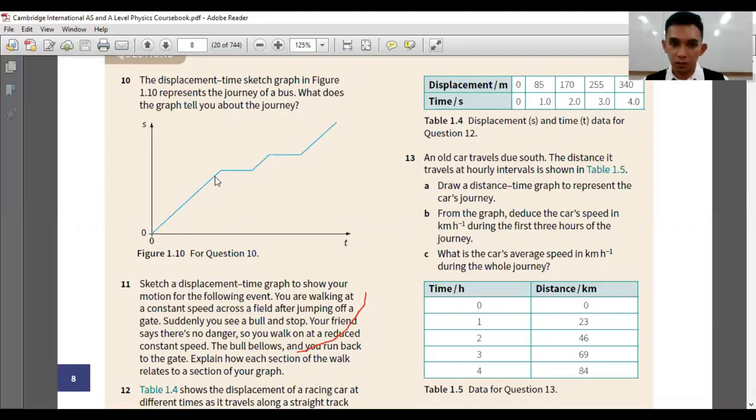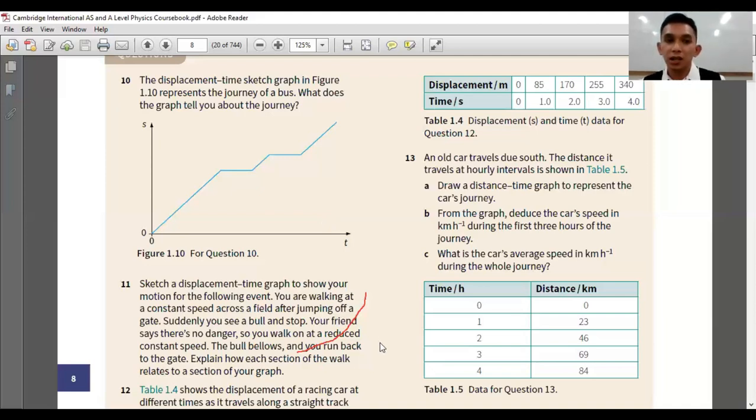So here you see the velocity is increasing. And then after that, flat. What does it mean? After that, going up, flat again. After that, going up. Okay, so what does this graph mean? Tell me and describe to me in a paragraph for this one.